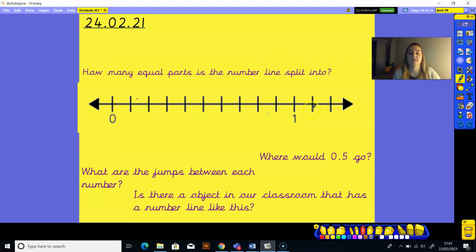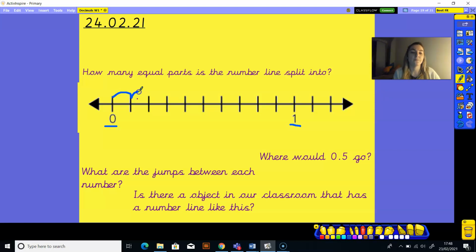So how many equal parts is this number line split into? We've got 0 here, and then we've got our whole number 1 here. So we know that it is going to be parts that are smaller than 1 here. So let's have a little jump and we can see how many it takes us to get to 1, so we can see what the increments are, what these little spaces are in amounts.